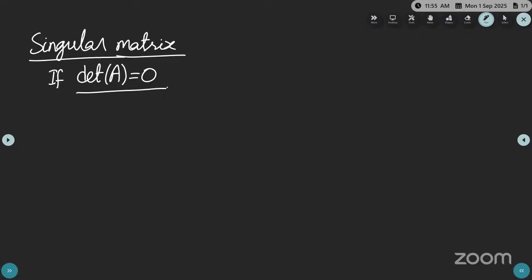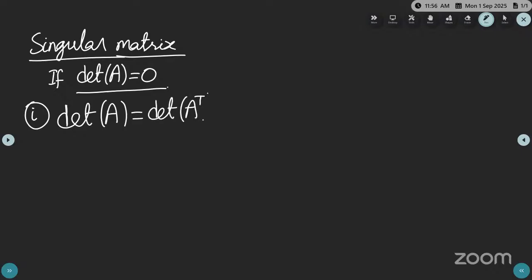Write down properties of determinants. Determinant of any square matrix A equals determinant of A transpose.